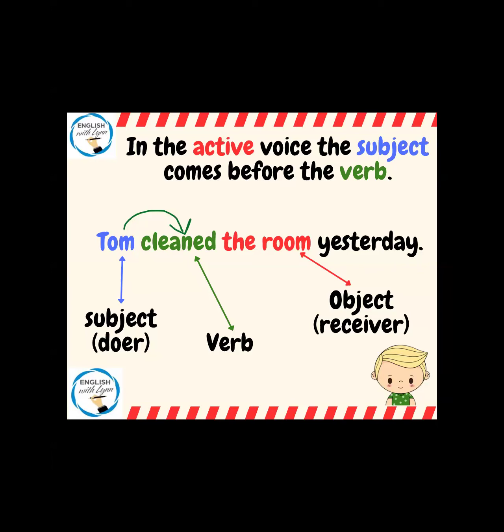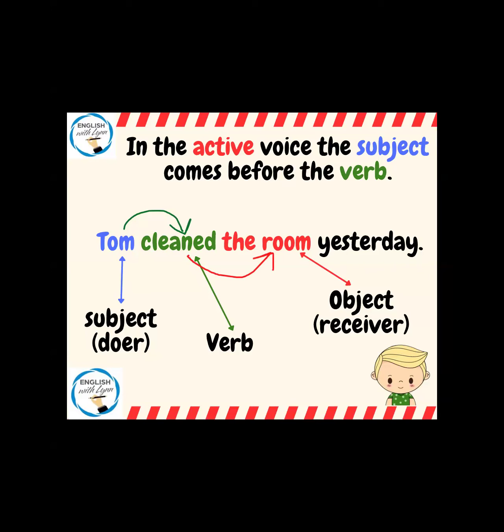And then we have the room, and the room is the object, and I'm referring to it as the receiver because it is the object that has received the action. So the cleaning has happened to the room and not to Tom. So it is the object that has been cleaned.